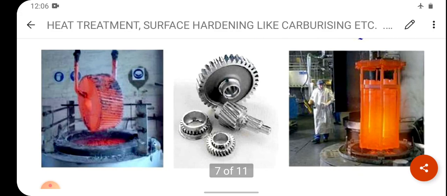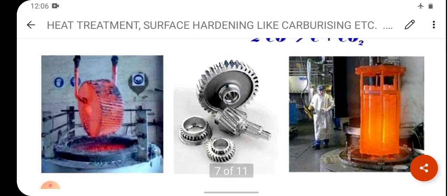Here is the carburizing process diagram: putting the object in the carbonaceous materials so that the object can absorb carbon.